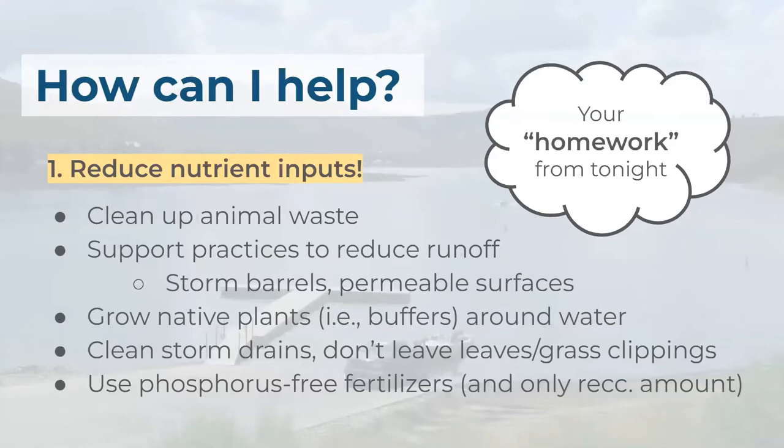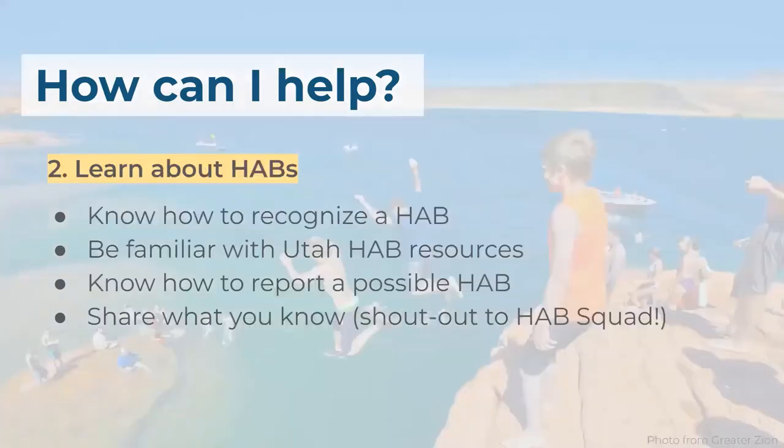The other thing you can do to help is what you're doing right now, which is coming and learning about harmful algal blooms. As people become informed about these, then we can know how to think about them and address them. And it's not this amorphous, scary thing, but rather it's a problem that we can logically and rationally address and also still be able to enjoy water without being so worried about.